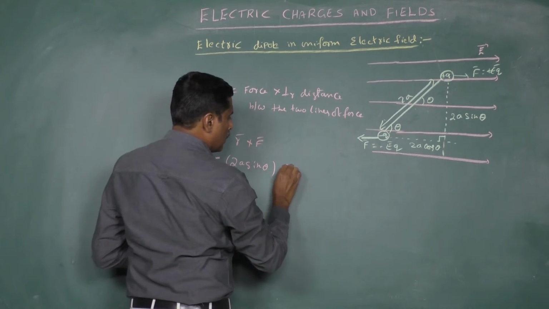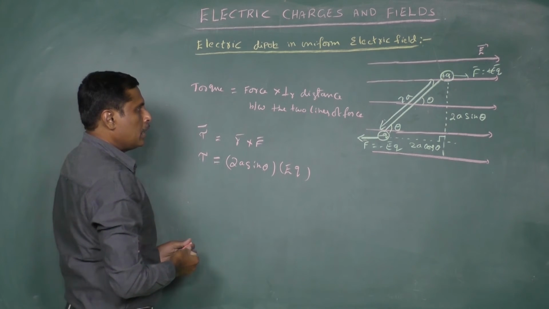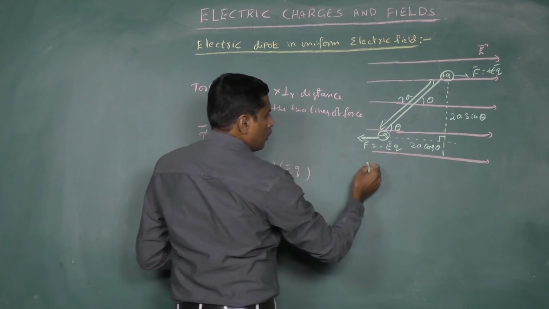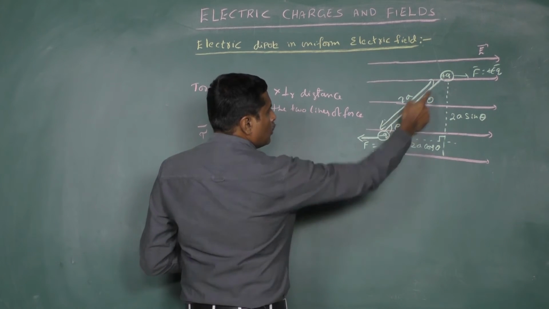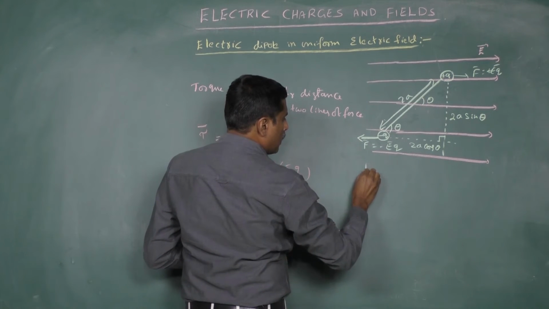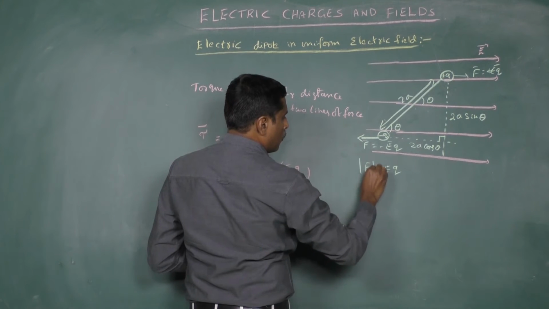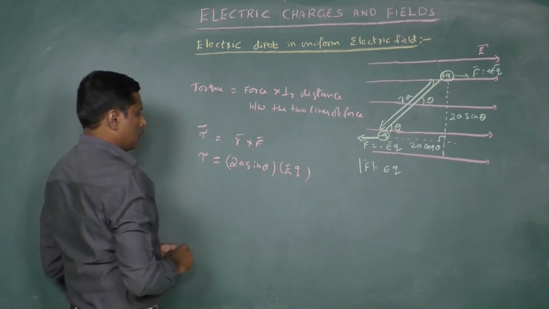F is equal to what? F is equal to E into Q. The forces acting on the two charges are equal but in opposite direction. Magnitude of force F is equal to EQ.